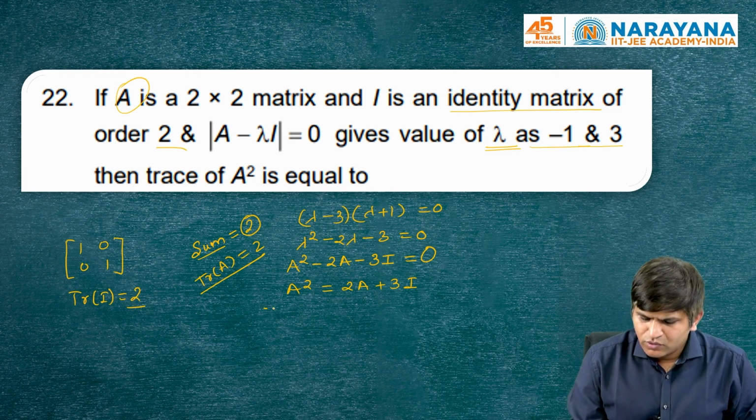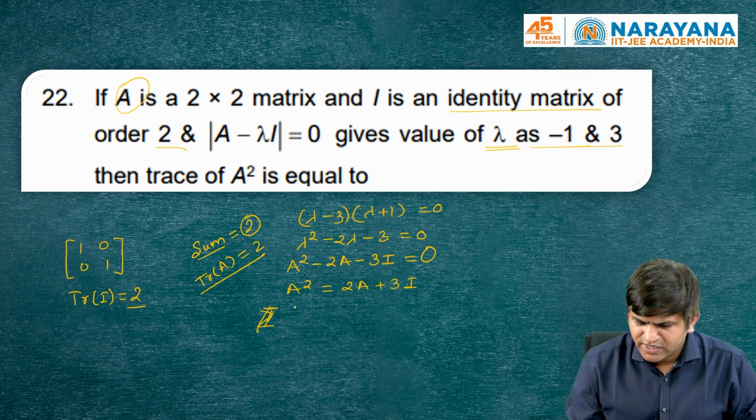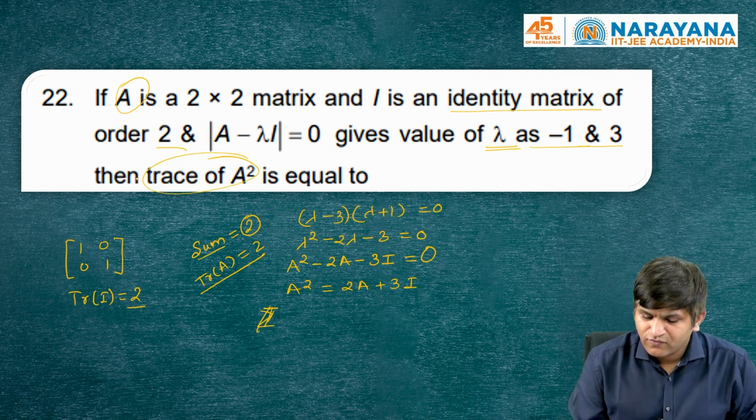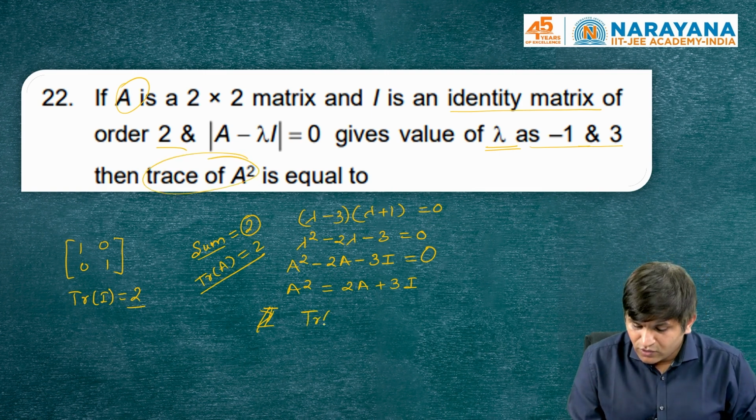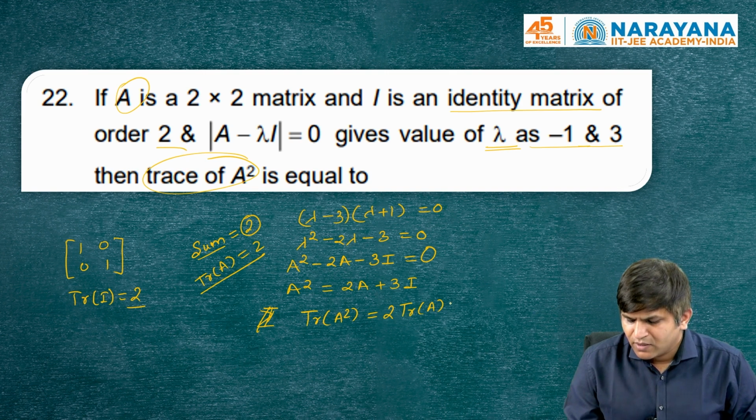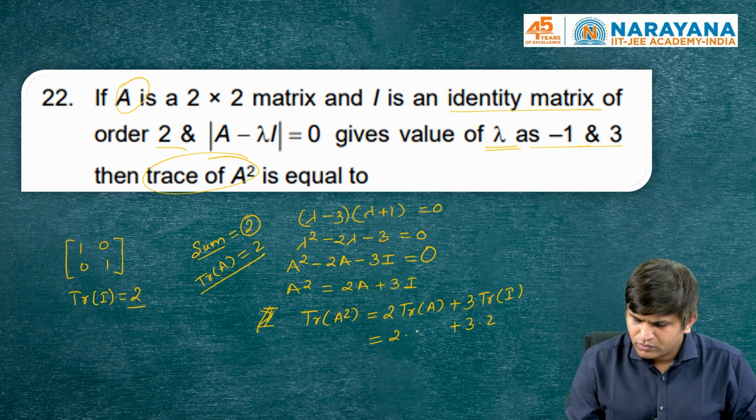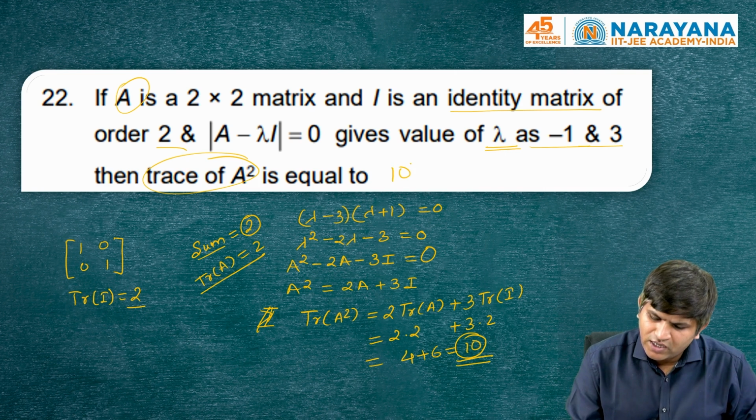We have to find the trace of A square, so we can write trace of A square, keeping the constants outside, as 2 times trace of A plus 3 times trace of the identity matrix, that is 2. So 3 into 2 is 6, and 2 into 2 is 4. So 4 plus 6 is 10. So the answer is 10.